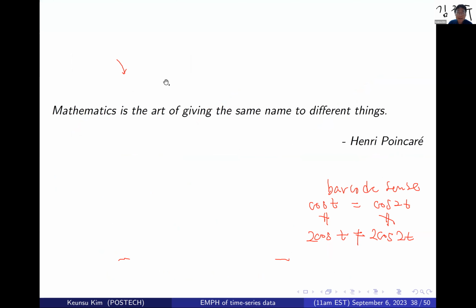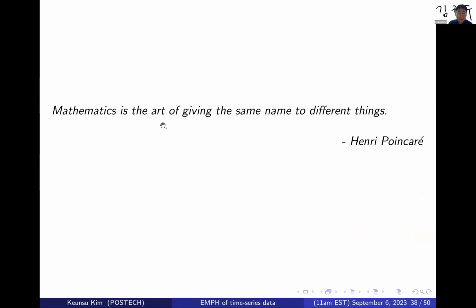So I summarized our research with a famous saying from Henri Poincaré: mathematics is the art of giving the same name to different things.